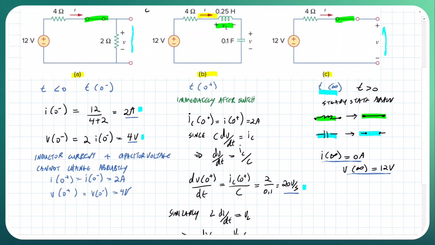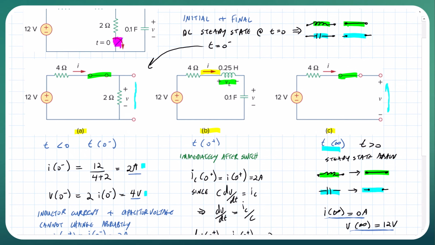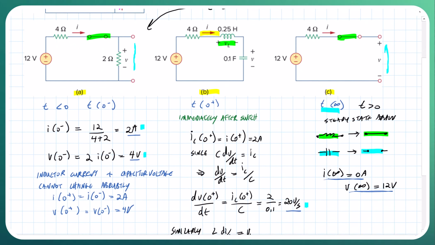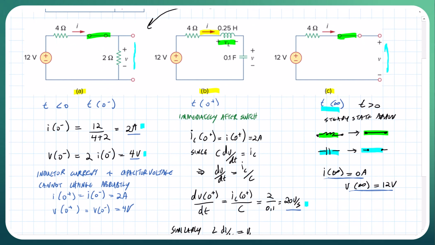And then as you reach infinity, you're going back to steady state again, and the inductor will be a short circuit, and the capacitor will be an open circuit. We solve for that accordingly. And that's how you do this problem.